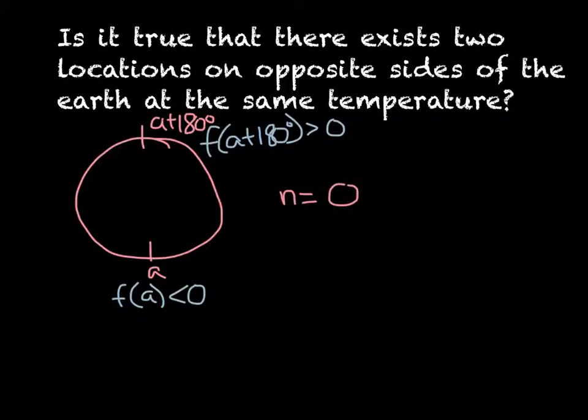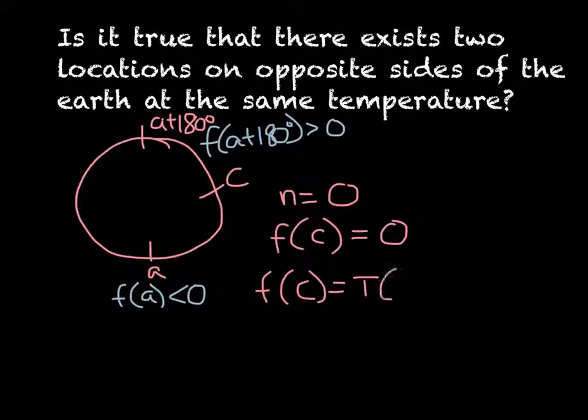There must be some c between these 2 points such that f of c equals 0. And the meaning of f of c equals 0 is that the temperature at c minus the temperature at the point opposite it equals 0, or that they're at the same temperature.